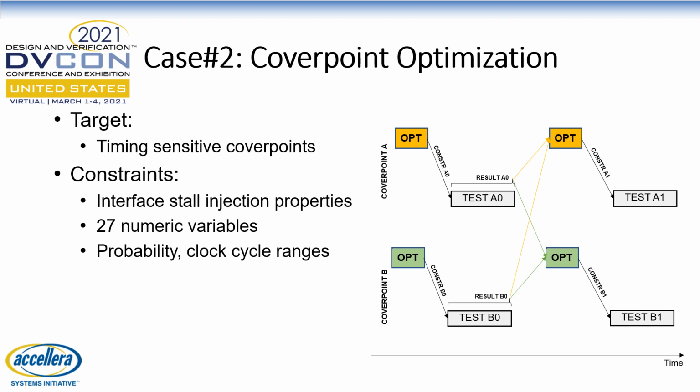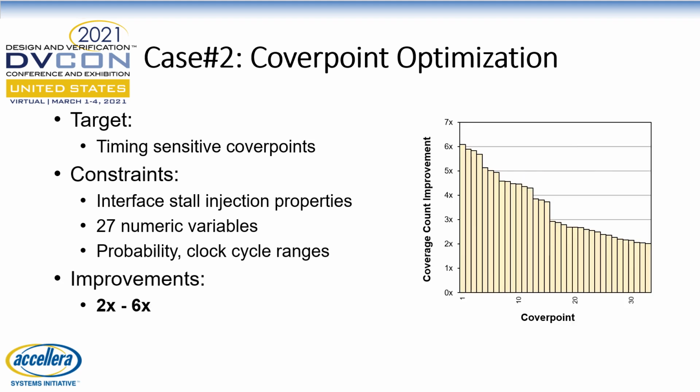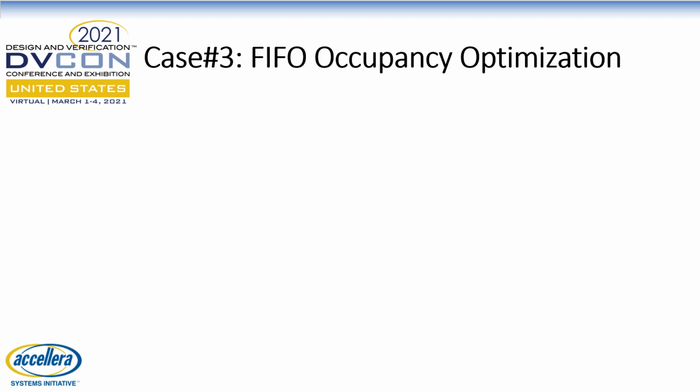This greatly boosted the amount of data observed by each optimizer. We observed that BayesOpt managed to tune the constraints and boost the cover counts of these timing-sensitive cover points by 2 to 6 times.